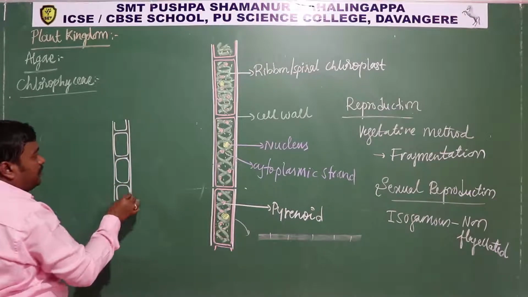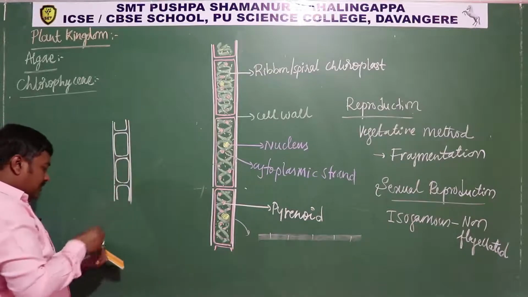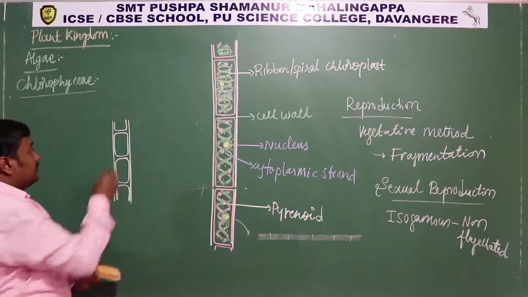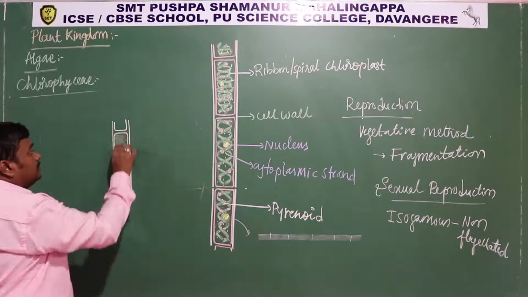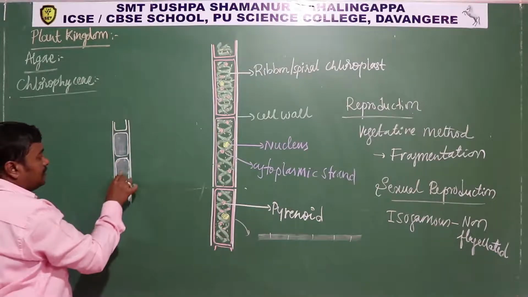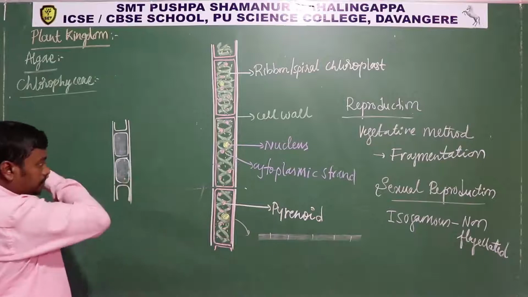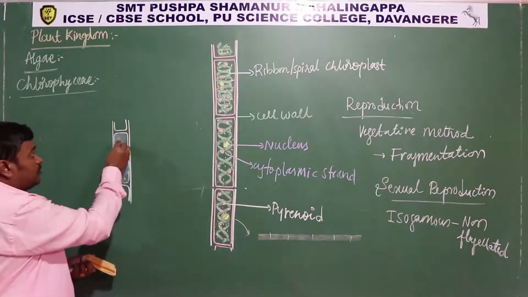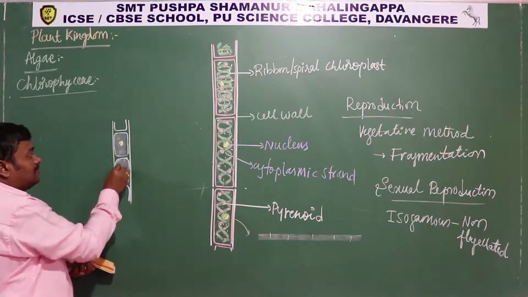within this compartment, whatever content is present inside, that is cytoplasm, and it is an example of homothallic as well as heterothallic. Okay, I am not showing the chloroplast, I am just showing the nucleus here.